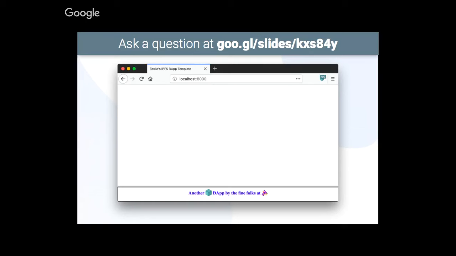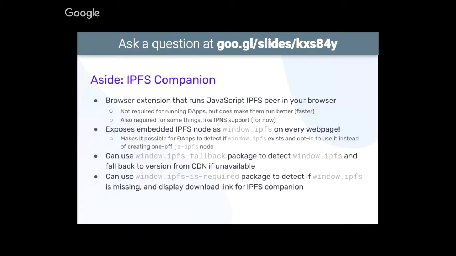Okay. A couple more things before I sort of set you off playing around with your DApp for this week. A quick aside, you may have noticed on my previous slide the little IPFS icon with the number 790 above it.